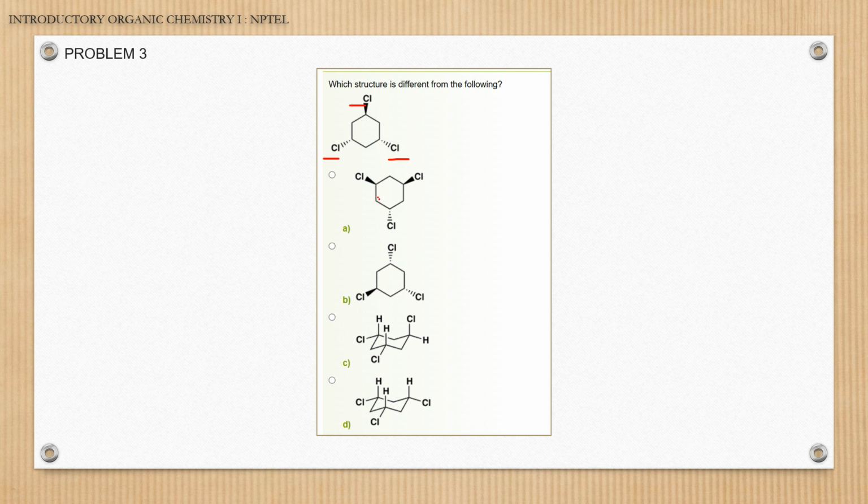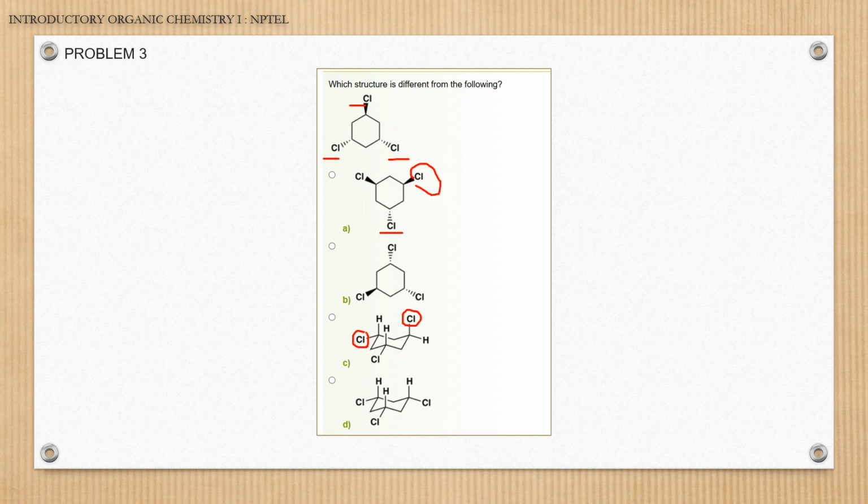So in option A, two chlorines have the same stereochemistry and one chlorine has the other. Similarly, option B is the same as what is written here, but rotated. But in option C, as you can see, two chlorines are below the plane and one chlorine is above the plane, which is present here also. Two chlorines have the same positions and one chlorine is different from the others.